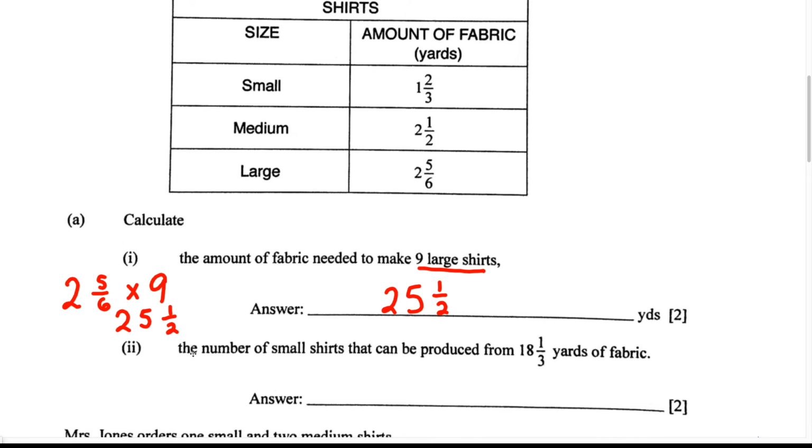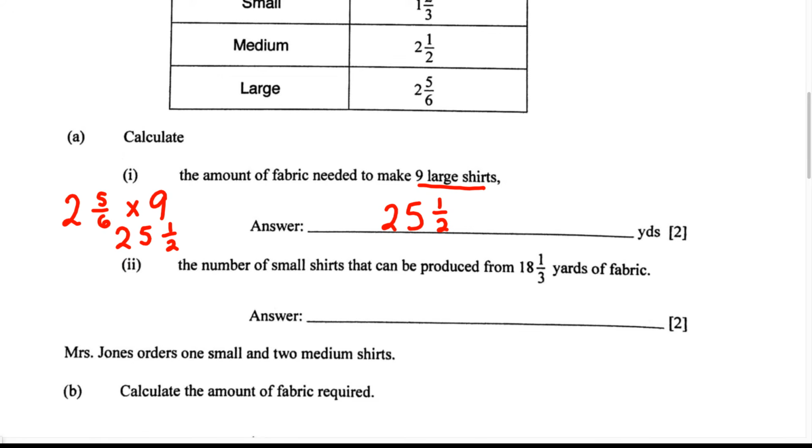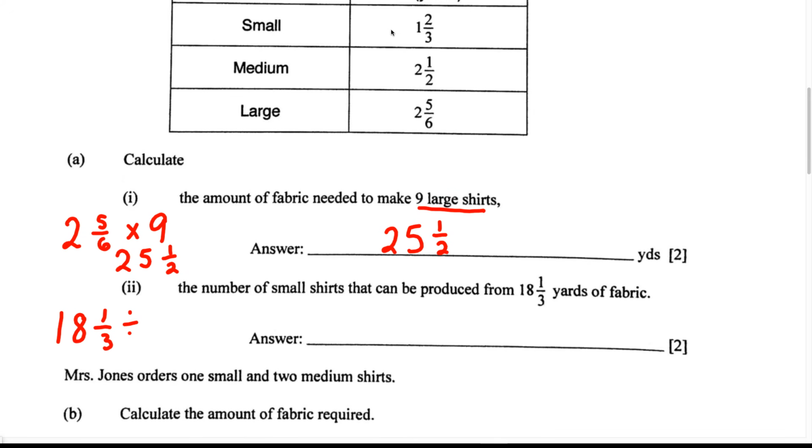Now for part 2, it says the number of small shirts that can be produced from 18 1/3 yards of fabric. We should look at the table to see how many yards of fabric it takes us to produce 1 small shirt. We can see it takes 1 2/3 yards of fabric to produce 1 small shirt. So all we're going to do is now divide this. We can say 18 1/3 divided by 1 2/3.